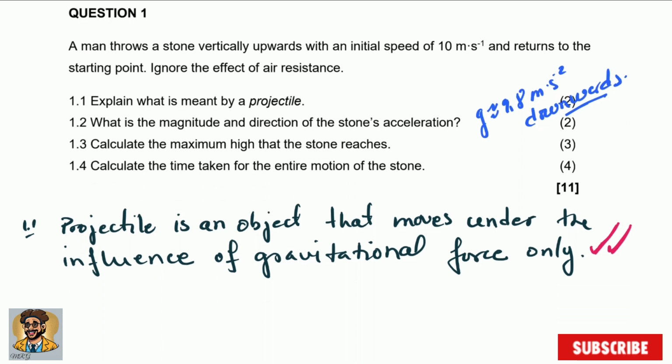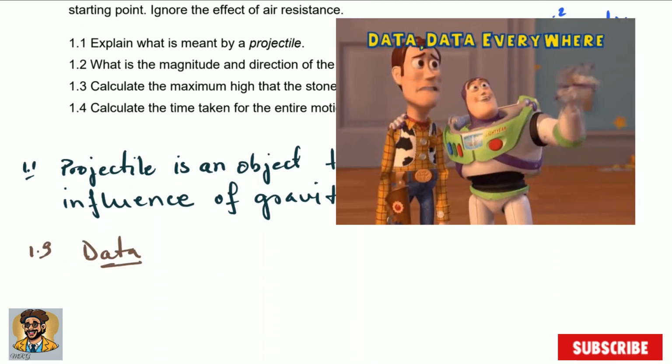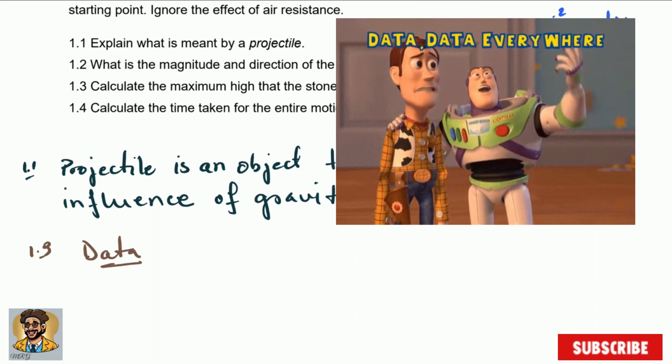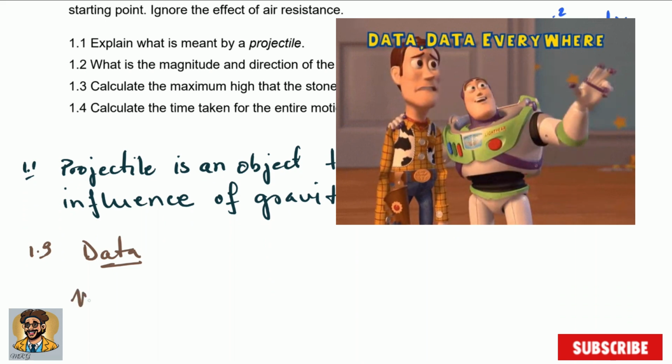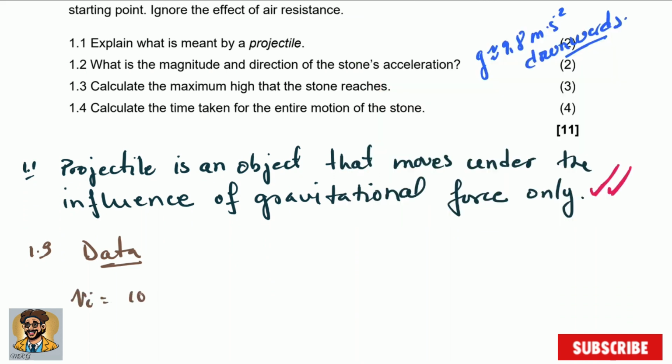So for this question, let's write the data here. We know that the initial velocity of the object is equal to 10 meters per second. It is going to be upward. So we have to select a direction, positive or negative. In this case, let's take up as positive.